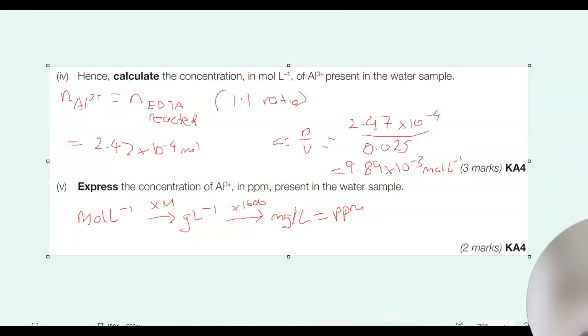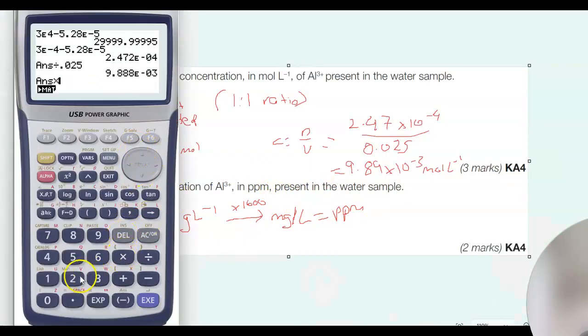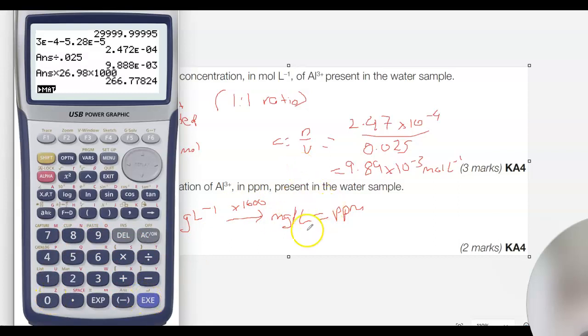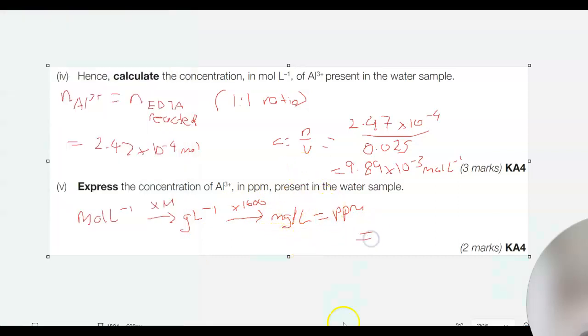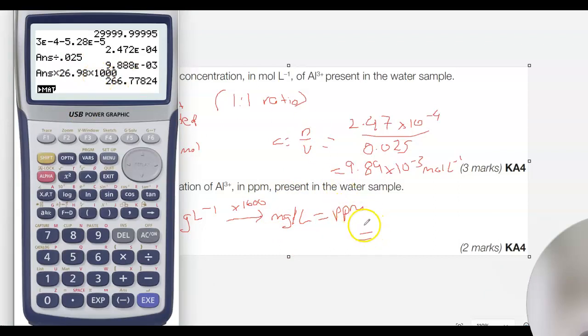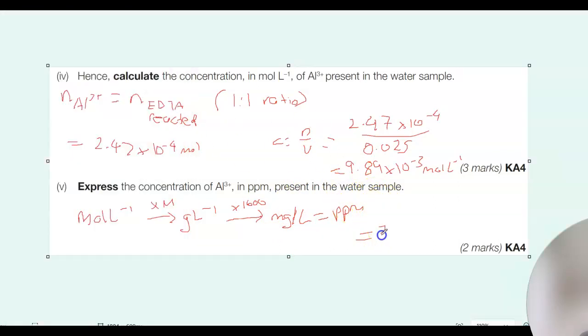So we just go that times 26.98, and then we times by 1,000. So our answer is, now I should write all this down, but I'm just going to shortcut it, 266 or maybe 267 ppm. Okay, and that's it.